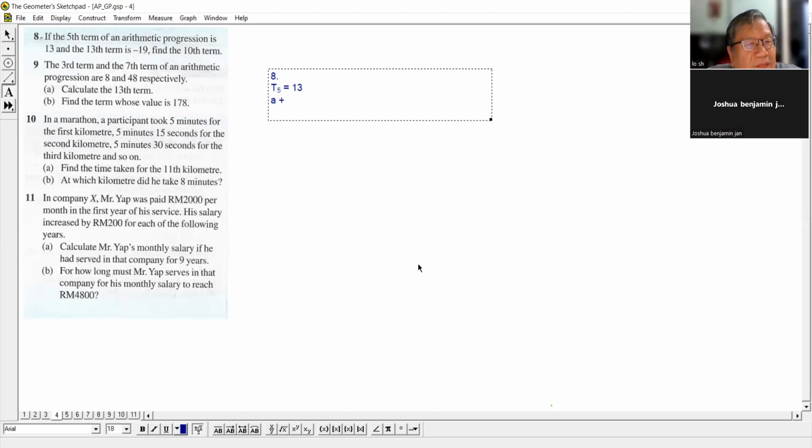What is the formula for T5? A plus A plus 1? Oh, then it's not the formula. What's the formula for T5?